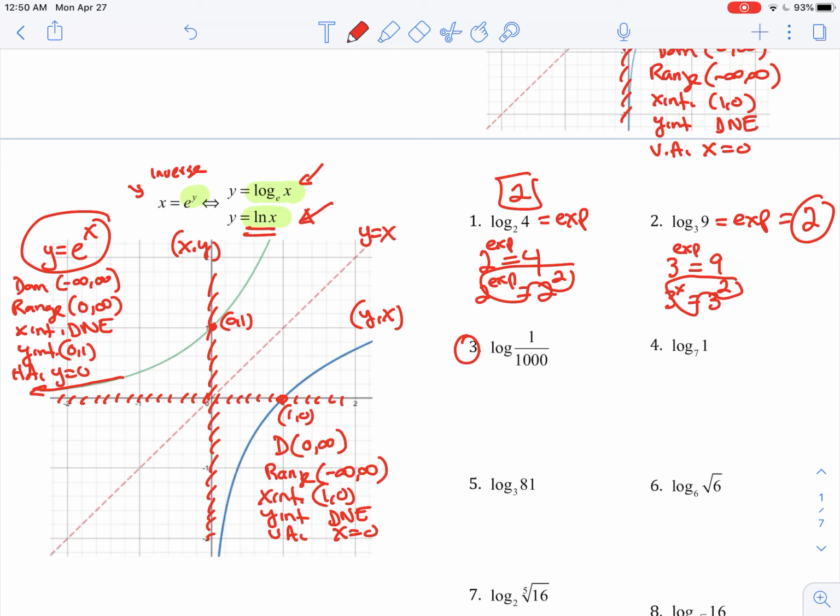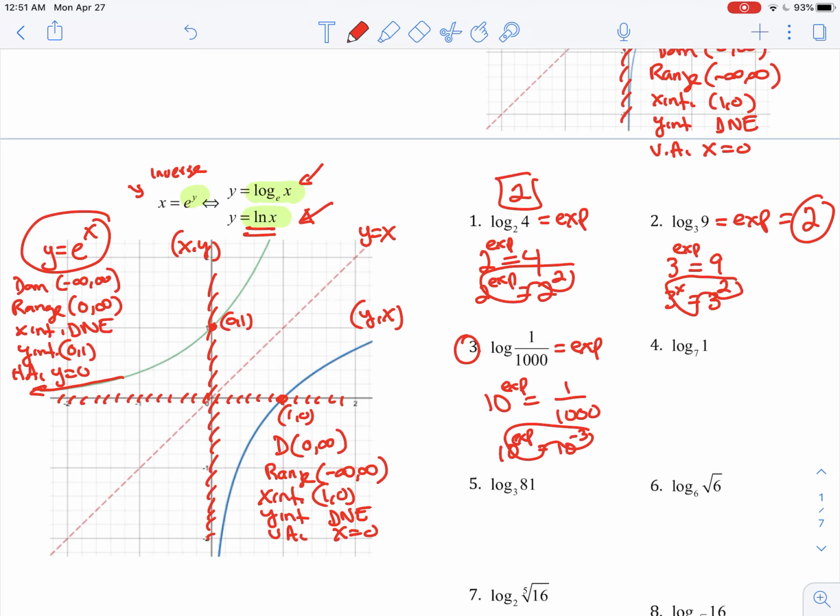So on number 3, this is asking the log of 1/1000th, base 10 implied. Again, logs are just ways of representing an exponent. You're solving for that exponent. So if we take base 10, which was implied, what exponent do we have to raise it to get 1/1000th? And we know 1/1000th is the same thing as 10 to the negative 3.